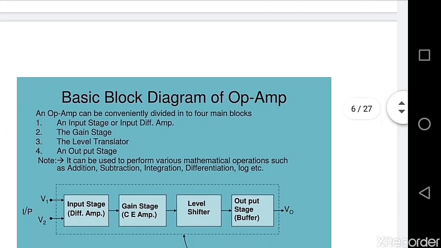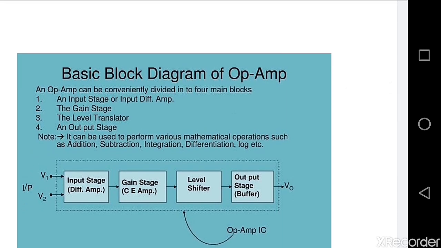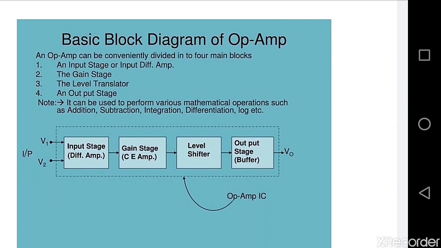Next, the basic block diagram of an op-amp. An op-amp can be conventionally divided into 4 main blocks: 1. Input stage or input differential amplifier. 2. Gain stage. Next, the level shifter. Next, an output stage.